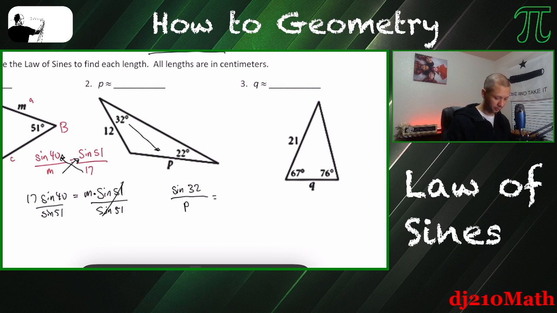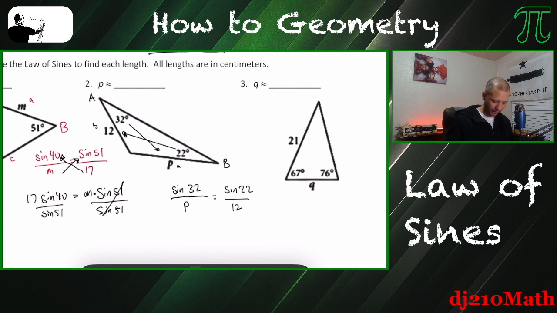And this is equal to sine of 22 over the side opposite, in this case, 12. Now, if you couldn't see this, we can call this big A, little a, big B, little b, and then plug it into the formula and it would work. Or it would come out to what we have right now.